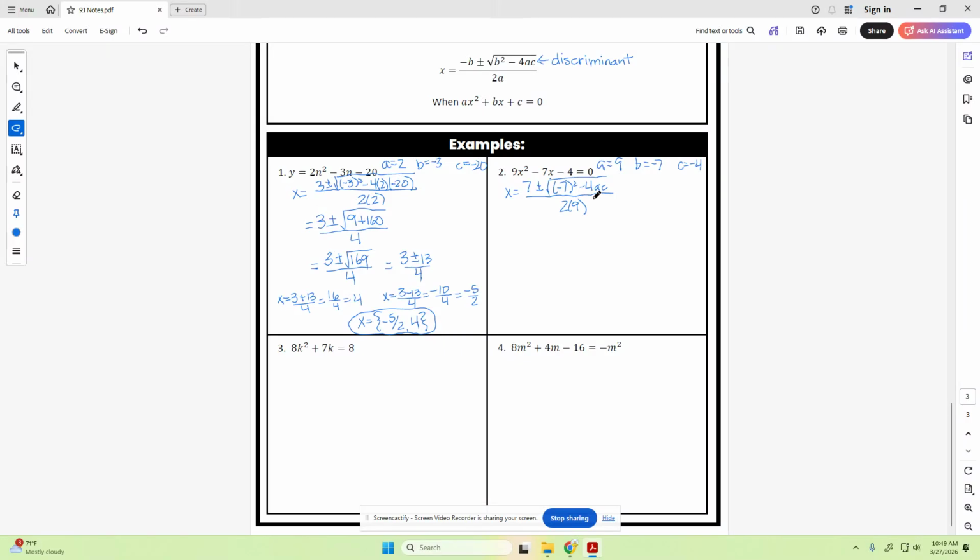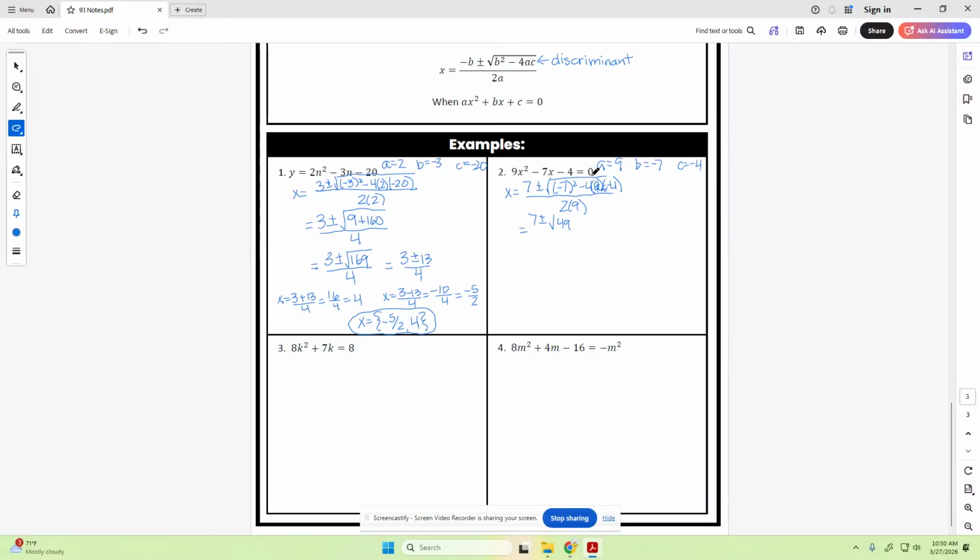And the steps that I followed to simplify are the same as the last time. I am going to square the negative 7. Whoops, I wrote 4AC. 4 times 9 times negative 4. Sorry, guys.